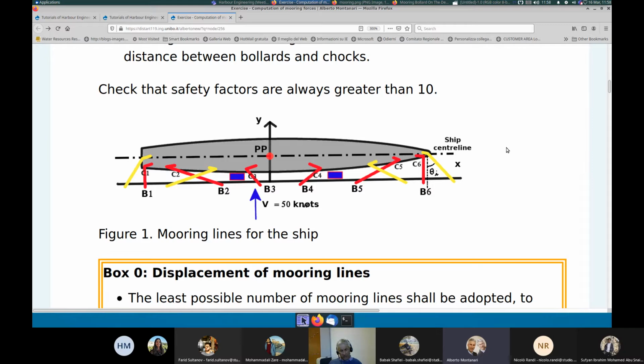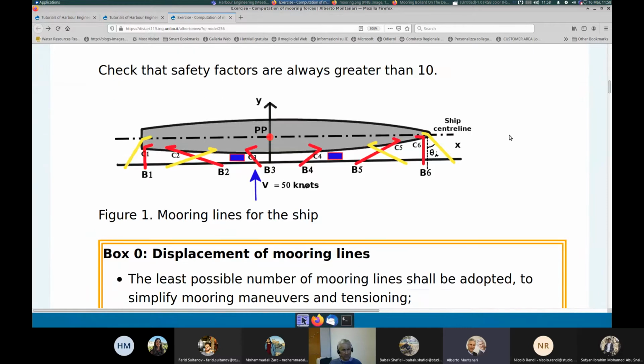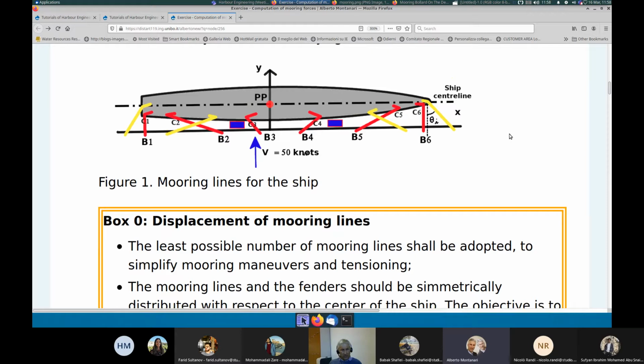And this is another thing that you may look at if you go in a port. Look at the state of mooring lines, and you will see that in normal condition, you don't see mooring lines that are very deteriorated. Now, here there is a box that discusses the displacement of mooring lines, and I think it is useful, before starting with the exercise, that we read it, because this is something that we don't talk about in the lectures.